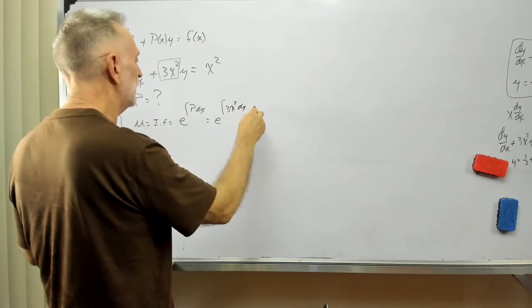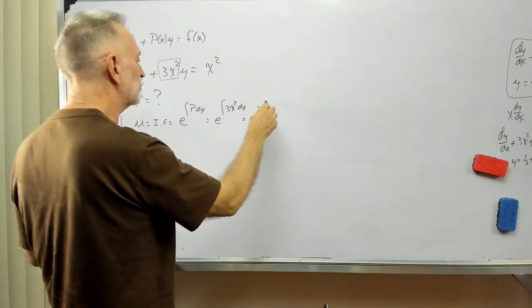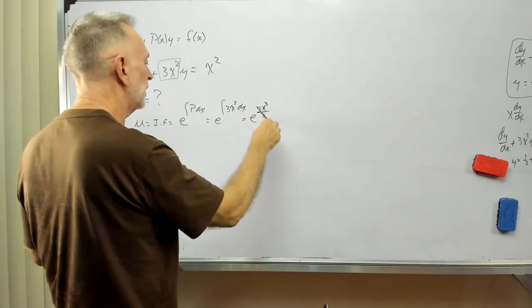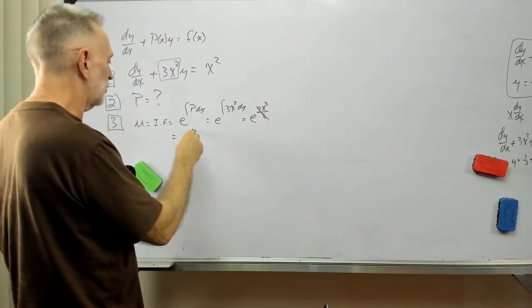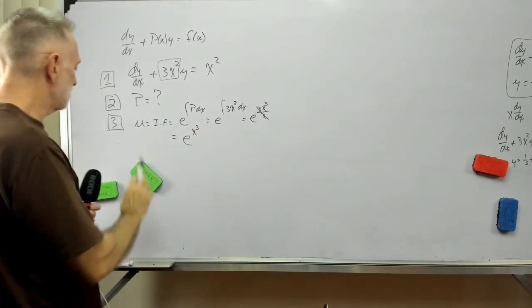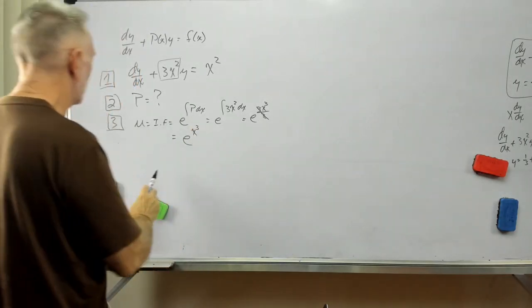And that equals e to the 3x cubed over 3. So that integrating factor is e to the x cubed.